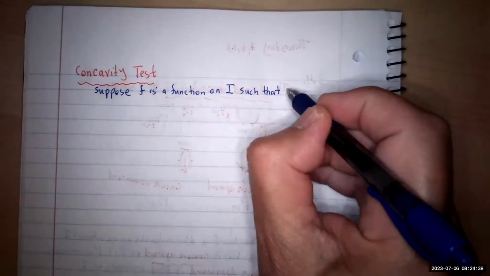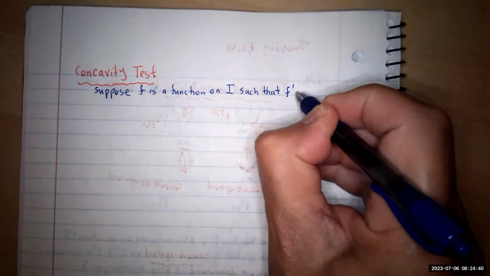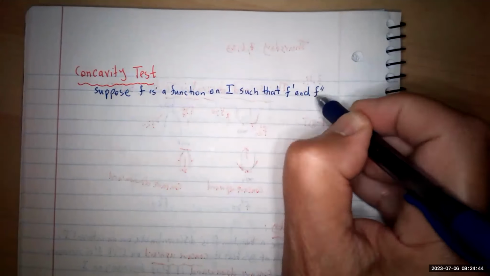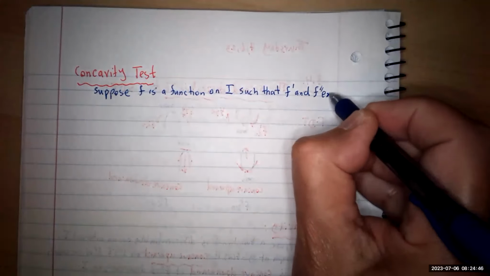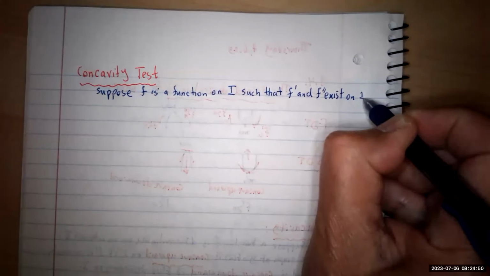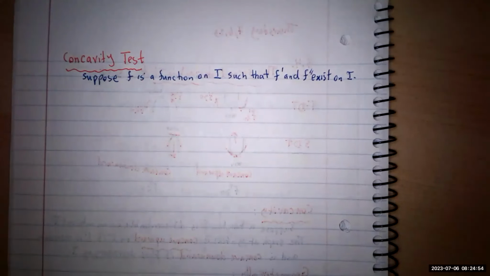So f prime, the first derivative, and f double prime, the second derivative, both exist on that interval I, because if you cannot go to the second derivative, you can't do it.